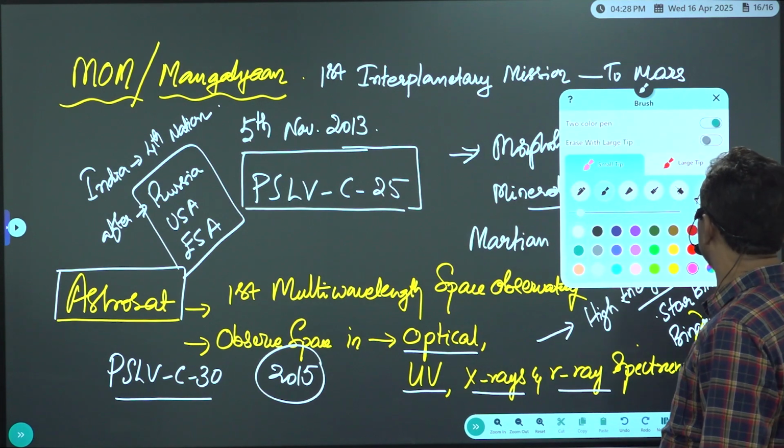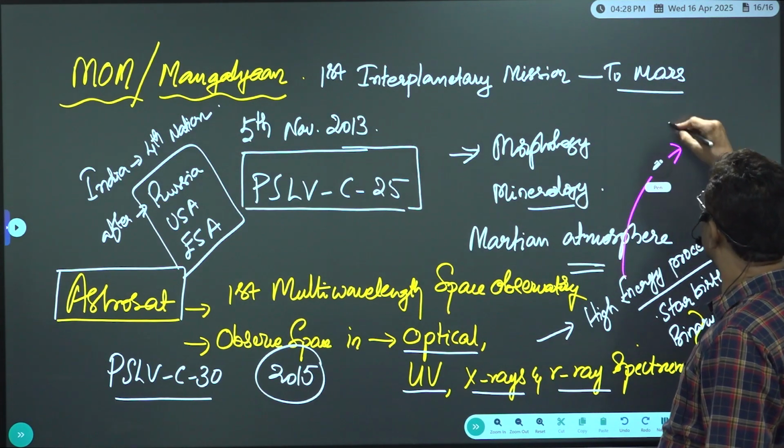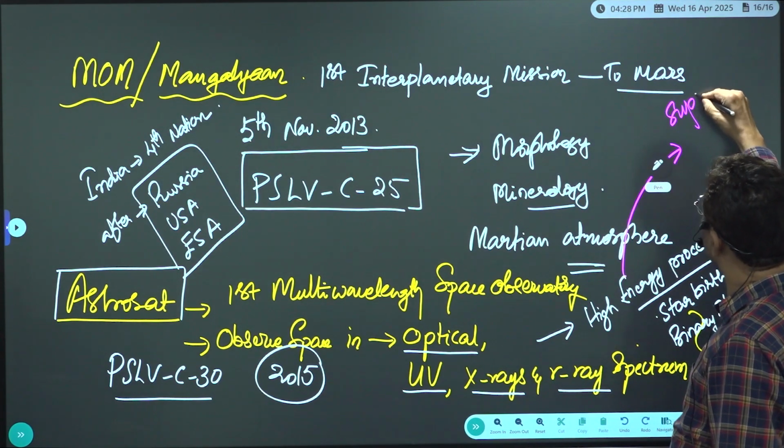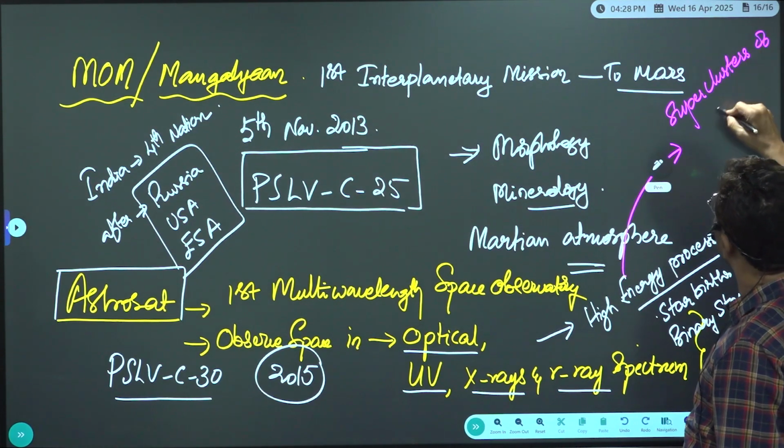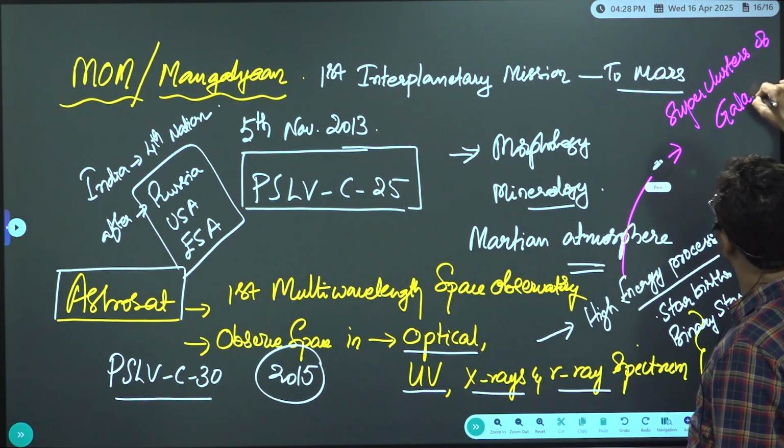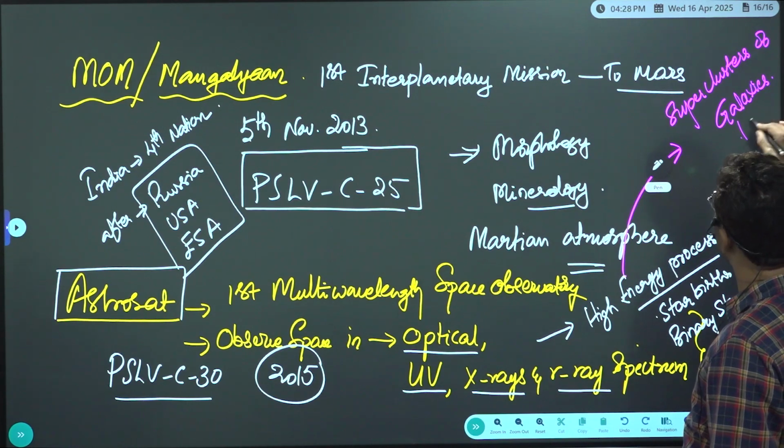This super cluster of galaxies was named Saraswati.